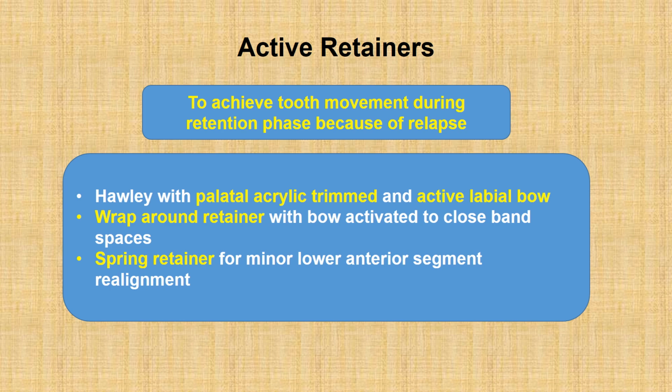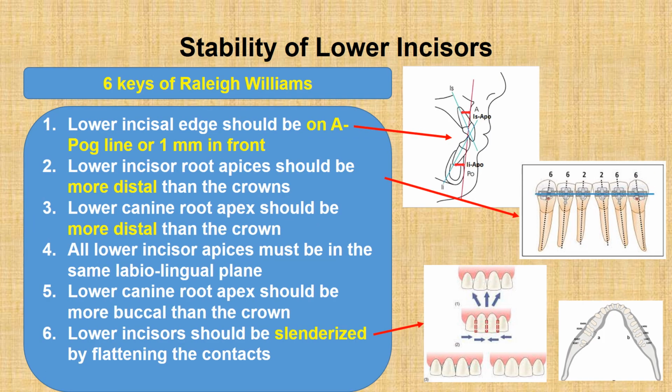Now, a Hawley with a palatal acrylic can be trimmed and the labial bow can be activated for minor tooth movements. A wrap around retainer with a bow activated can be used to close band spaces. Okay, and the spring retainer can be utilized for minor lower anterior segment realignment.